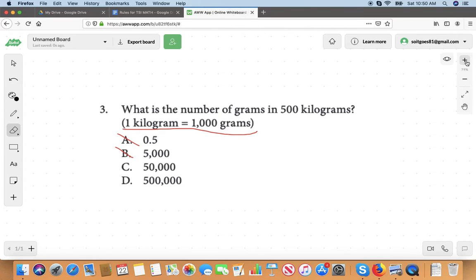Well, what about answer choice C? 50,000. Well, that's 10 times answer choice B, right? We're just adding one more zero on the end of that. So my suspicion is instead of 5 kilograms, which would be answer choice B, I'm guessing 50 kilograms would be answer choice C, because 50 times 1,000 would be 50,000.